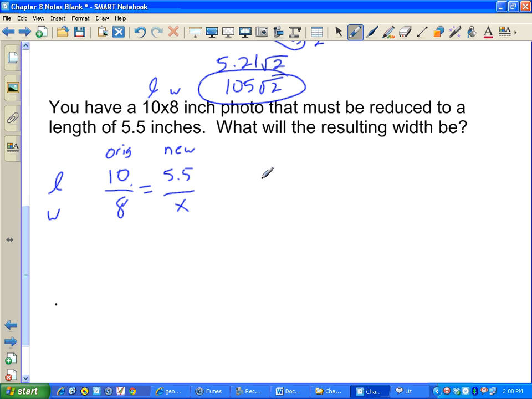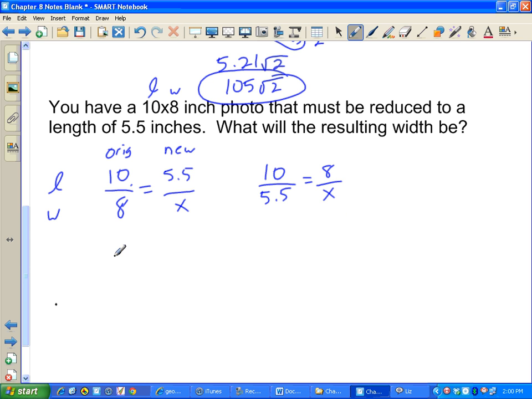So an example of another way I could set this up: my original length over my new length has to equal original width over new width.